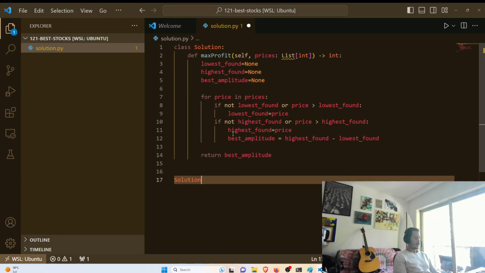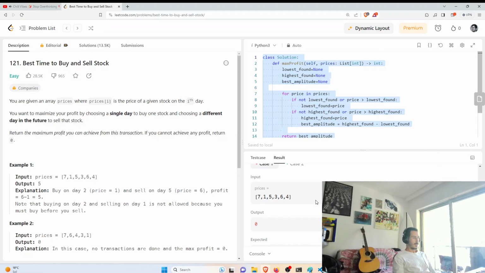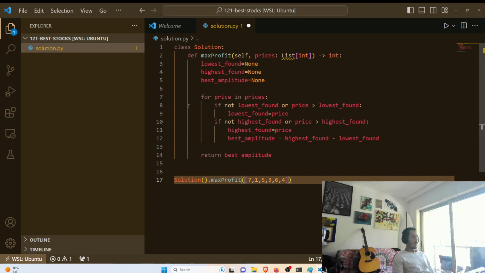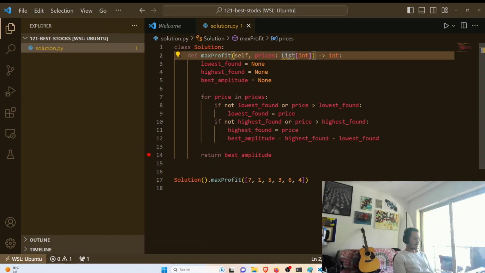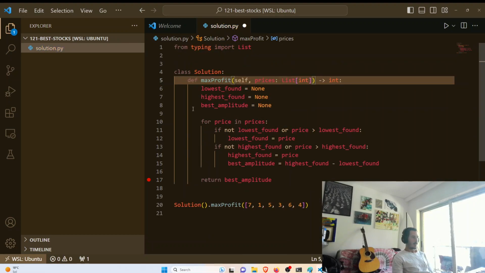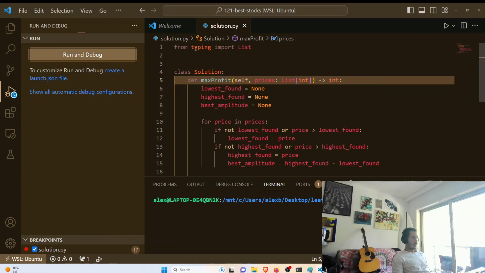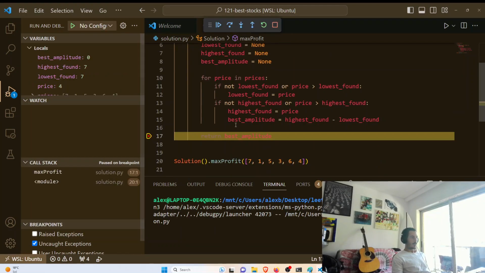And now solution, max profit. So let's run this. Run Python file. Best amplitude 0.